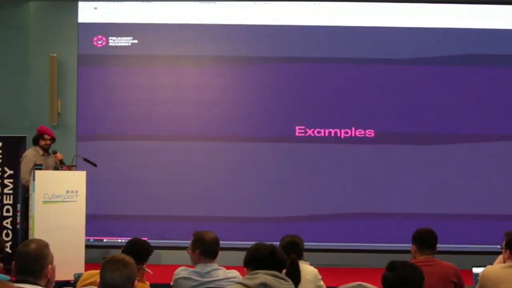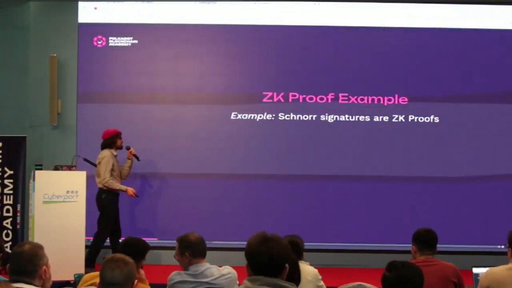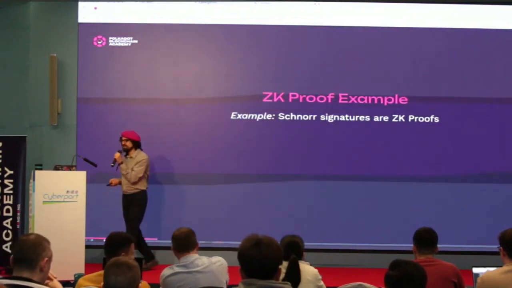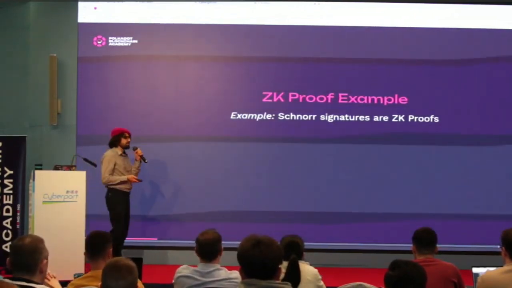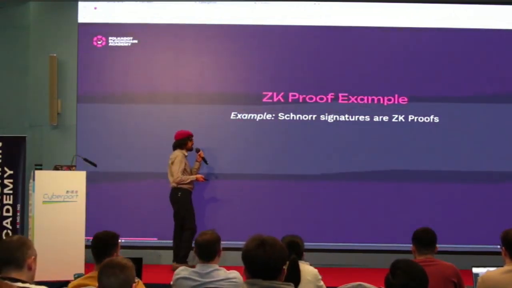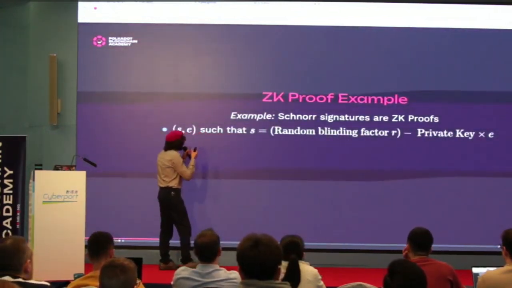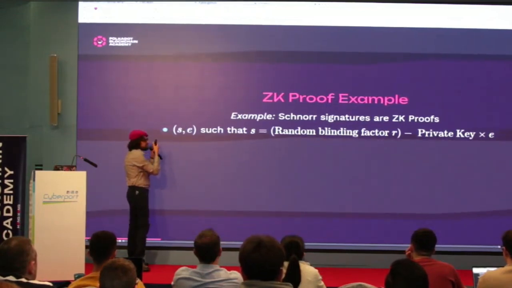Some example. Schnorr signatures are ZK proofs. When I wrote this, I thought you had already seen the mathematics of the Schnorr signature, but you haven't. But Schnorr proofs look like this. Schnorr signatures are a pair of two numbers.